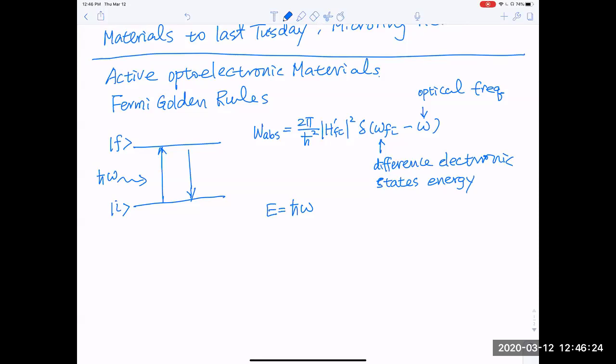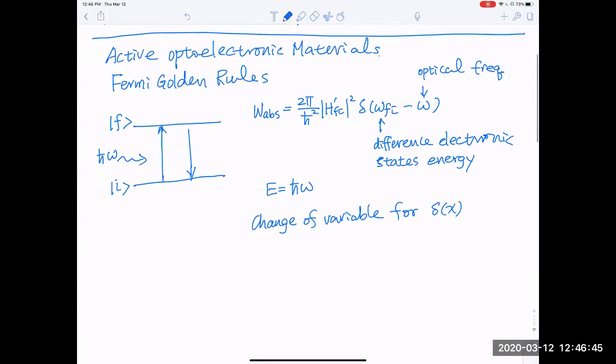So essentially, we need to do a change of variable. I don't know when is the last time you thought about change of variable for a delta function. Let's review it here. If we have a delta function of a times x, if you think about just the definition of the delta function, it's infinite when x equals 0 and 0 otherwise.